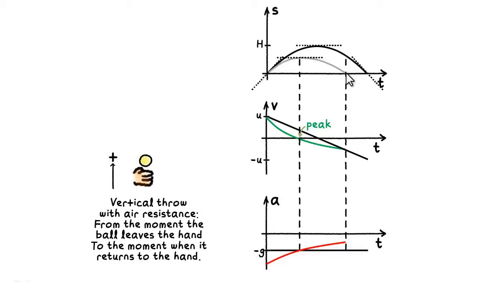And on the way down, at the instant when it reaches the hand, this gradient here should be less steep than this gradient here. This is because we know that the ball returns to our hand at a speed lower than the speed at which it left our hand. The shape of this graph should again convince you that it takes the ball a shorter time to go up than to come down.